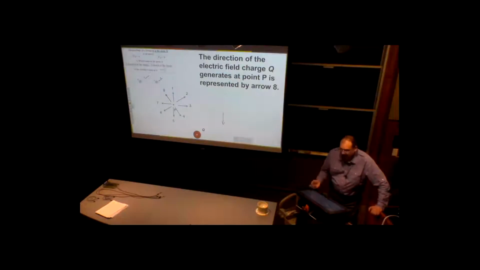Would it be directly away? Another mistake. So many mistakes already. It's just 902. So, directly away means you have to draw a line which connects the source, which is a charge, and the point. And then you should continue and add an arrowhead. That's what away means.